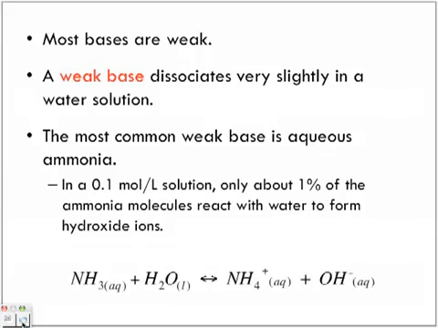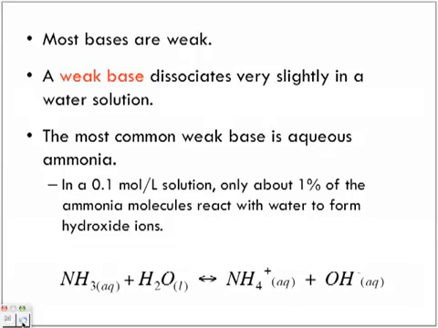So the most common weak base is ammonia, right? And ammonia is one of those that doesn't really look like it's a base. It's NH3, so it doesn't have the hydroxide as we know, but we know that it does work because of what happens. Who gives off the hydrogen proton? Is it ammonia or is it the water? The water, right?